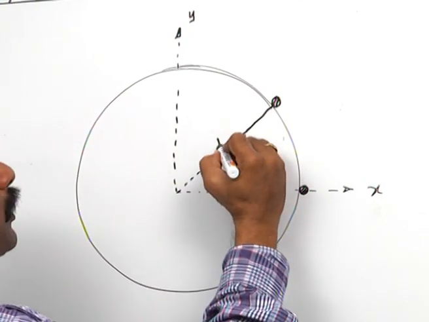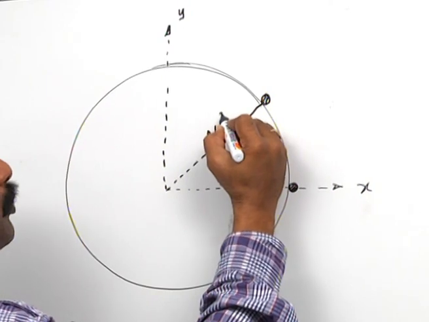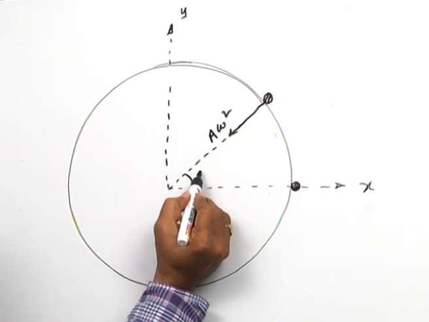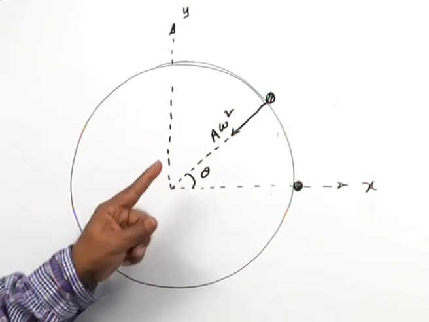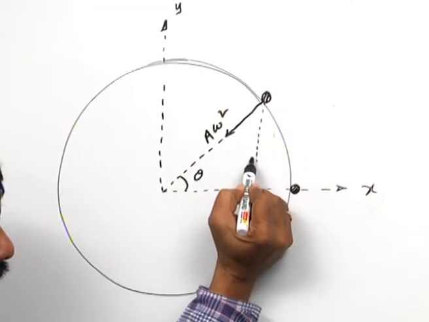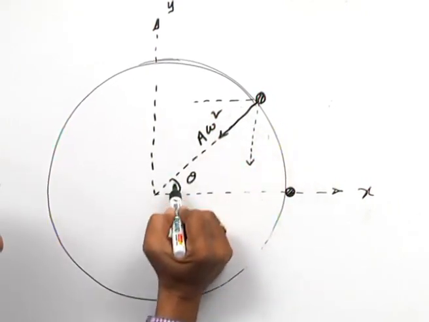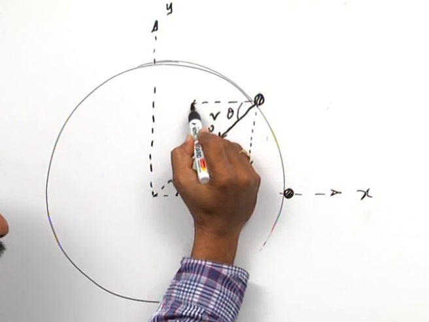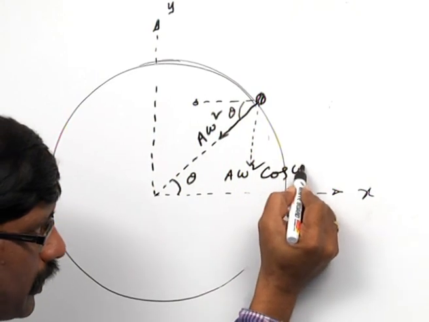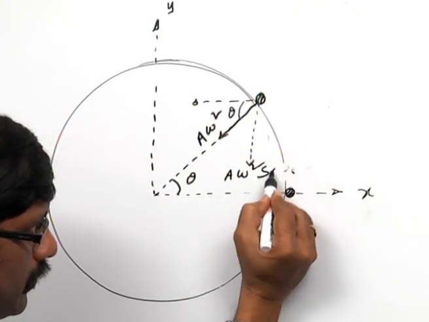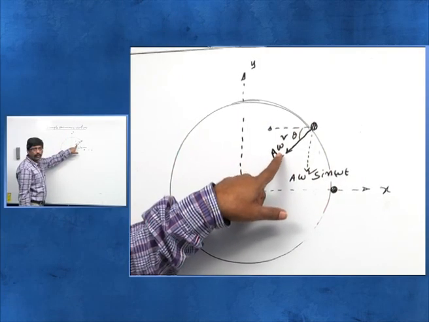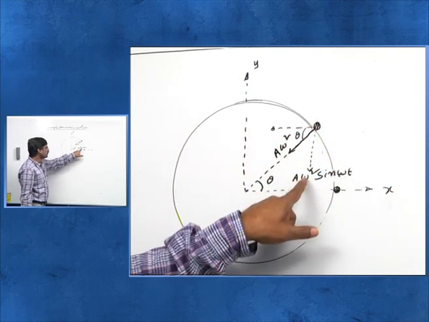It is equal to r omega square, that is a omega square. The acceleration is towards the center at a given instant. If you resolve this acceleration into two components, this angle is the same as this angle. The component of acceleration a omega square along the y-axis is a omega square sin omega t.